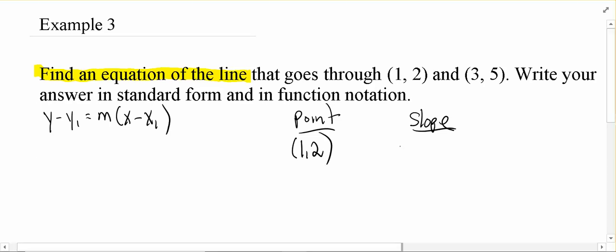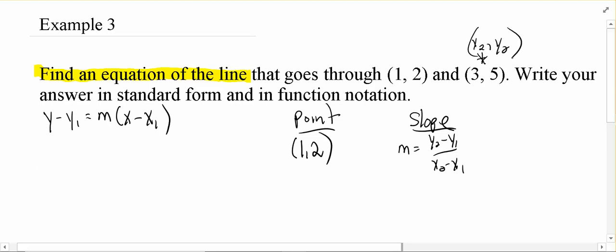So we know that the slope here is going to be the difference in their y's over the difference in their x's. Now, which one of these is x1, y1, and which of these is x2, y2? It doesn't matter as long as, again, you stay consistent. So I'm going to say that this guy is the x2, y2.